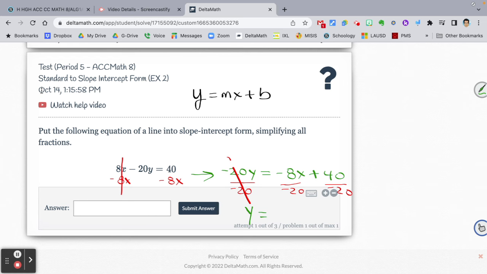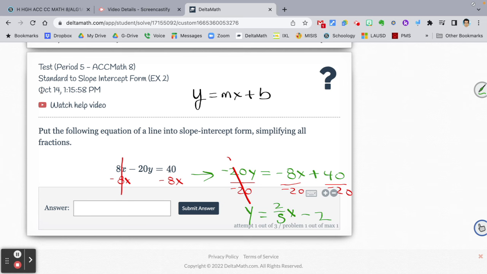So this becomes 2/5 x, right? And then we can reduce it here. It's 40 over 20, so that's -2. Positive divided by negative. So now the equation is in slope-intercept form. The slope is 2/5. The y-intercept is -2.